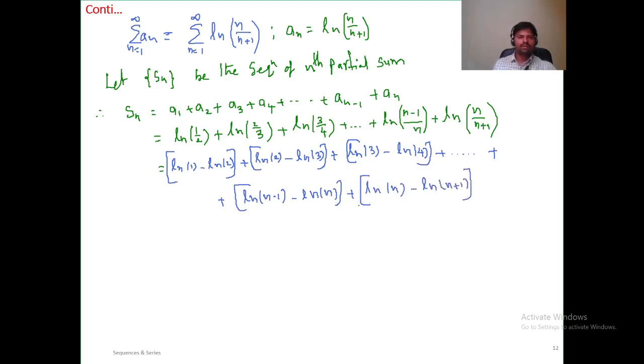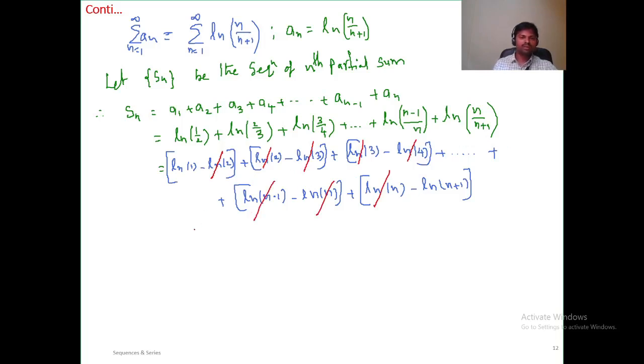That's it. Now look at the terms. Minus ln 2 plus ln 2 cancels out. Minus ln 3 plus ln 3, minus ln 4 and next plus ln 4 will be cancelled out. Likewise the minus ln n will be cancelled with the previous bracket. So the first and last terms will remain.